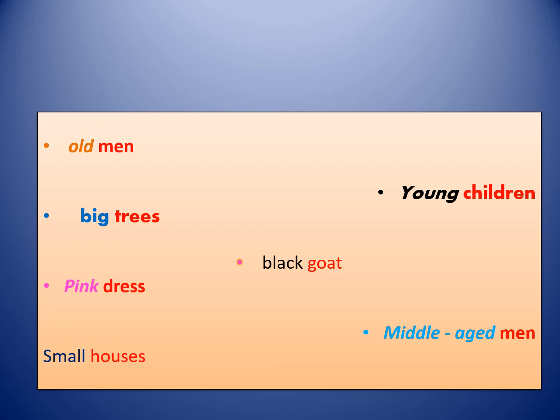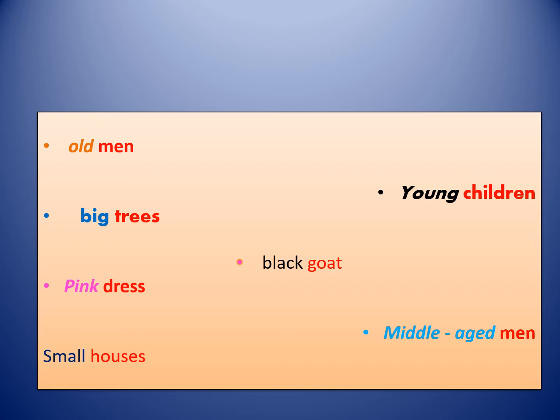Students, see the words which are in red color. What are those words? Men, children, trees, goat, dress, men, houses. These words are naming words.